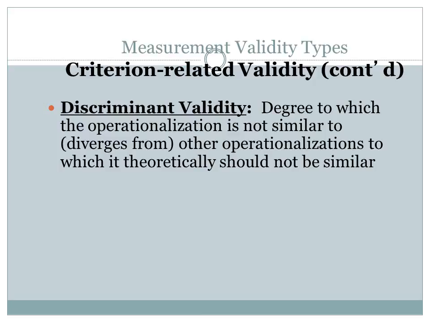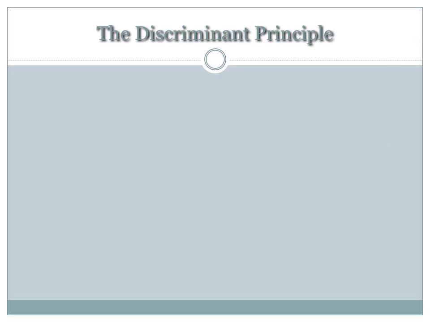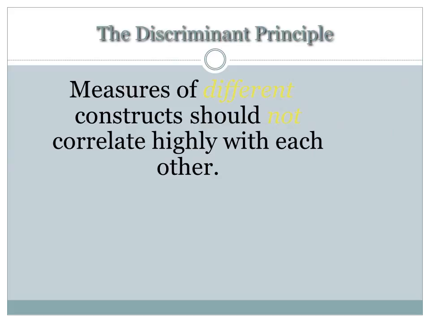Another form of validity is called discriminant validity. Discriminant validity is the same principle but the opposite, which is the degree to which operationalizations that are not similar should diverge. In other words, they should not be synchronous, right? So the correlation should not be high, or they should, in contrast, be low. So if there are measures of different constructs, those items should not correlate with measures of another construct.